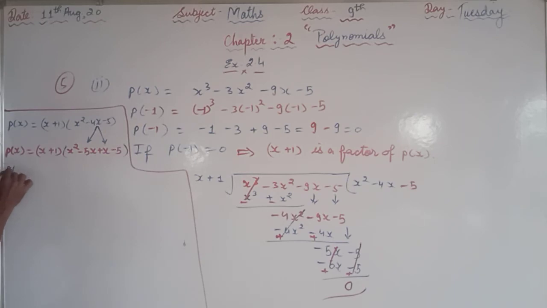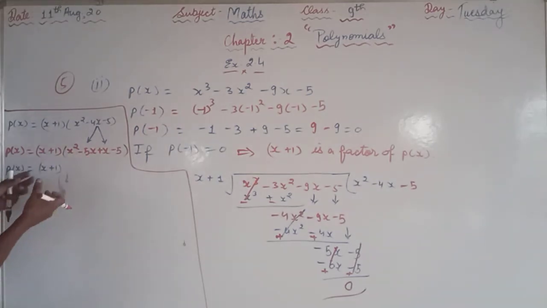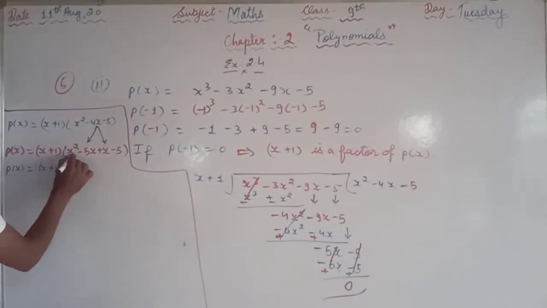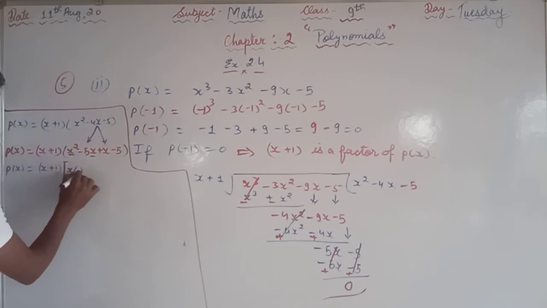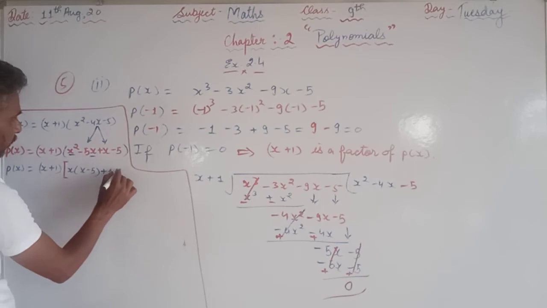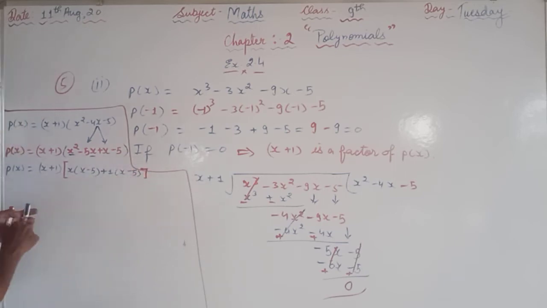So what we will do now, p of x is equals to x plus 1, and then we will place here the square bracket, and then we will take x common from here. If you take x common, x minus 5, from here nothing is common, so we will take plus 1 common, x minus 5, and then the bracket will be closed.